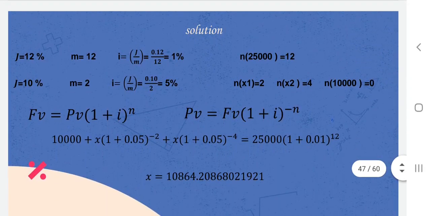Solution: J equals 12, M equals 12 because it's monthly, I equals 12 over 12 equals 1% and N for $25,000 equals 12.